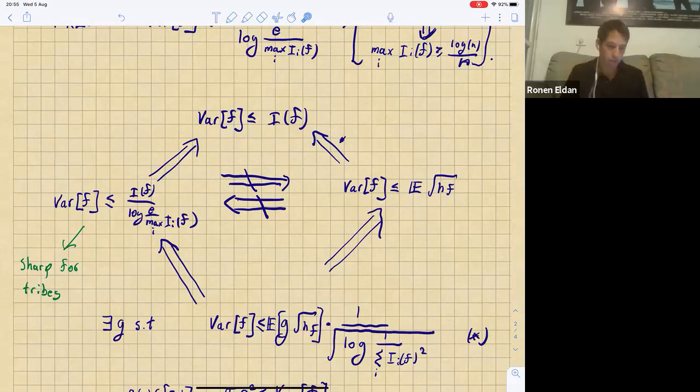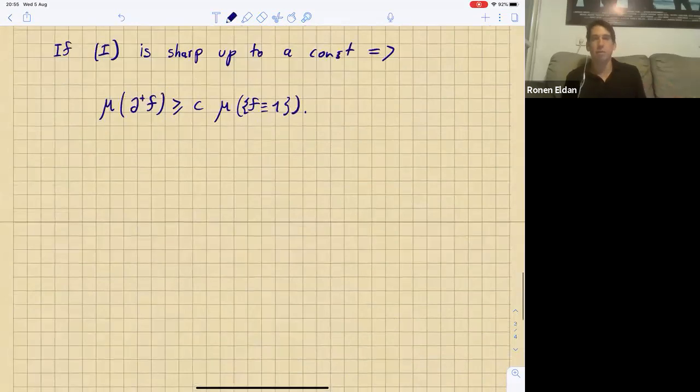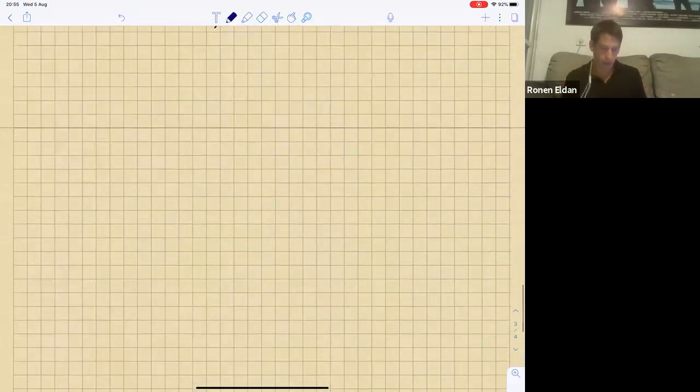So this was very general, and I know it sounds very vague, but just keep it in mind as we go through the proof, okay?